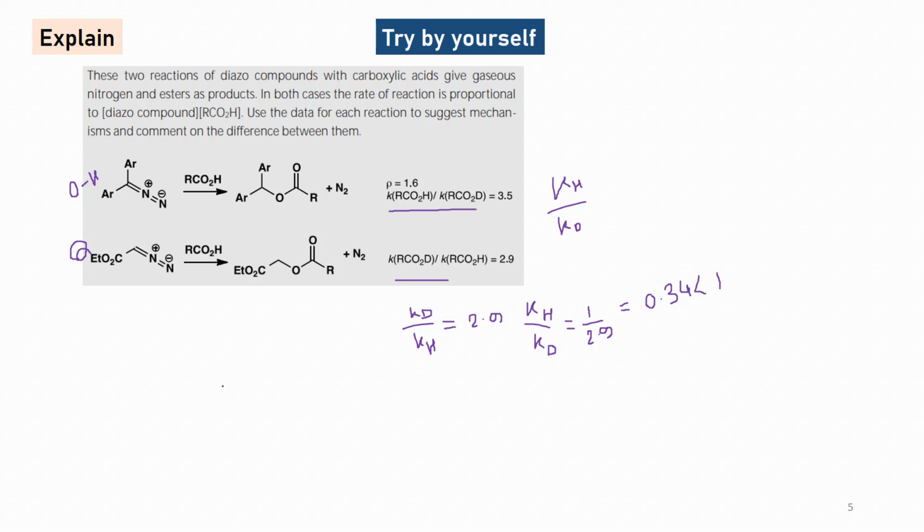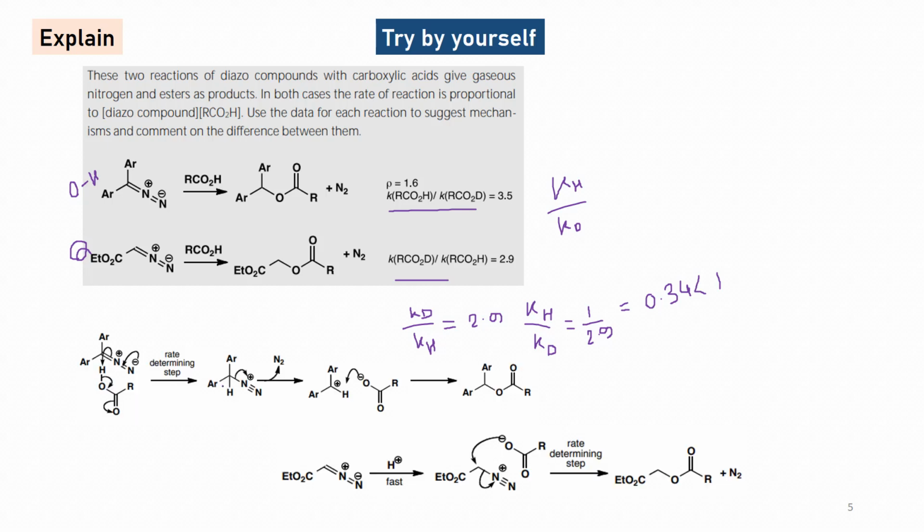So if we go through the mechanism, what will we get? In this case, first the diazo compound, from this position, the negative charge comes here, and by this pi bond it takes this proton from the carboxylic acid, making a carboxylate anion.